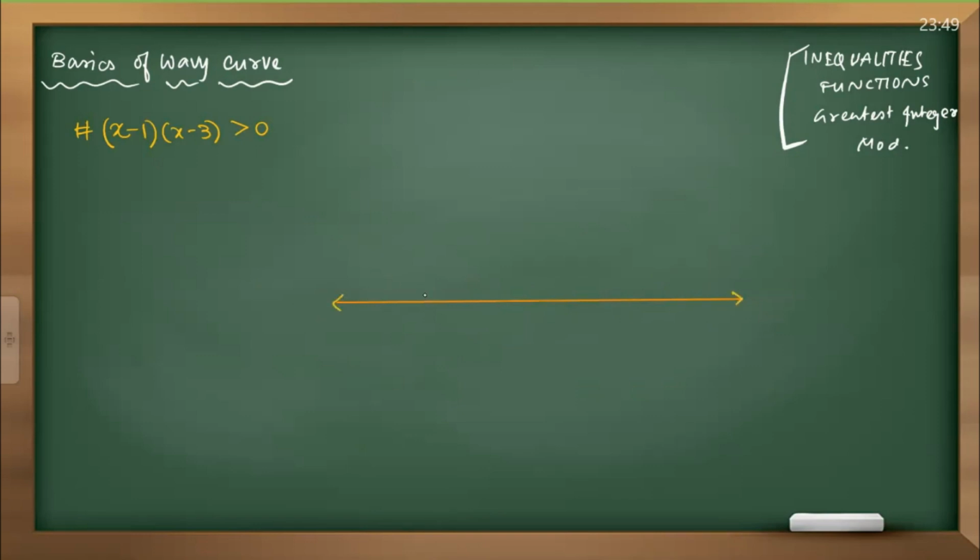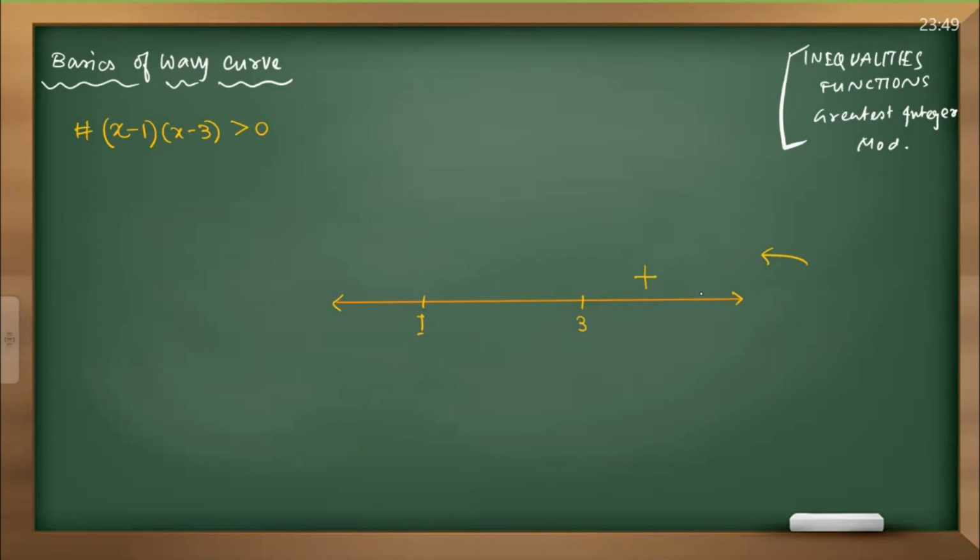Now we'll plot the points 1 and 3. We start from the right side and go to the left side. We write a plus. Plus is always positive, no? Can plus be negative? No, it is always positive.